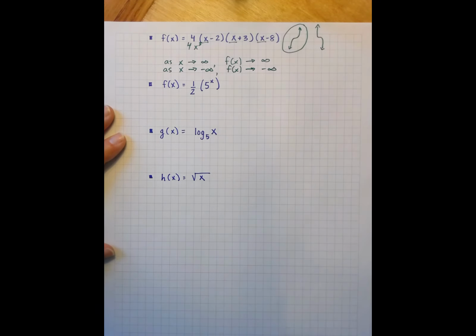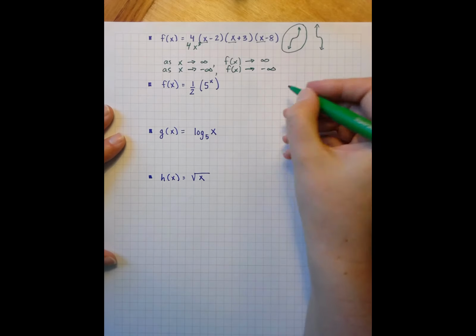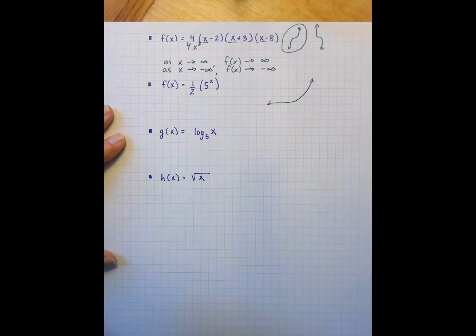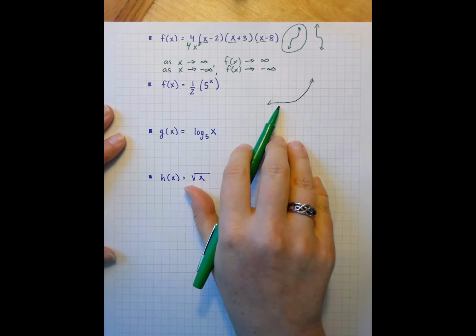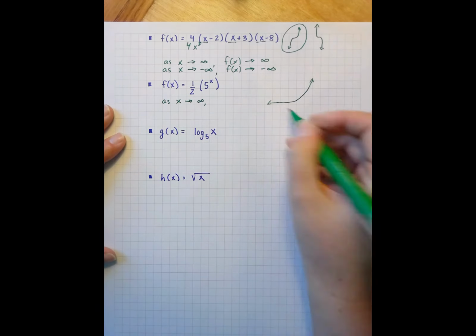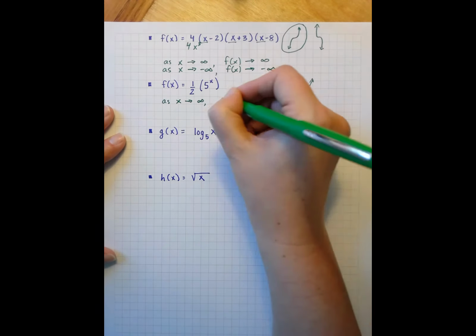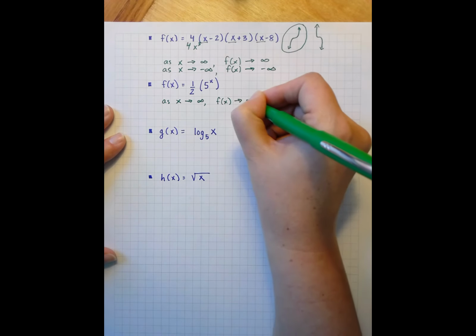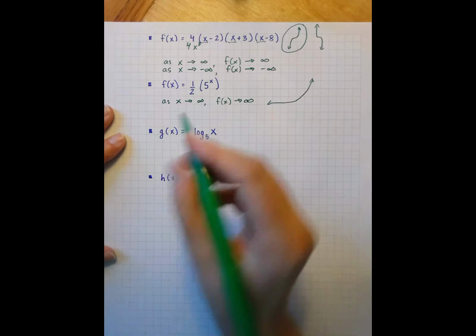You should recognize this one as an exponential function. Our exponential functions kind of have this shape. And exponential functions are really interesting because as x goes to positive infinity, we can see here that we're going to get bigger and bigger and bigger. So f of x gets closer and closer to positive infinity.